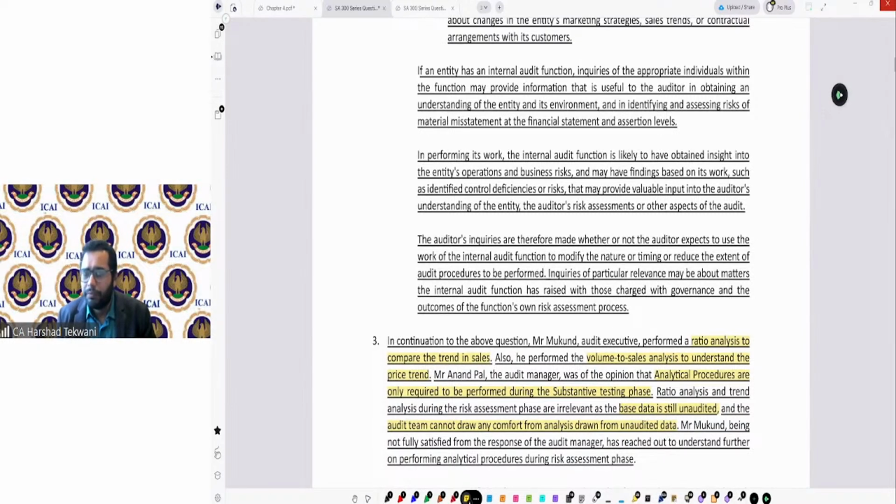What else, guys? Why do you think analytical procedures are necessary during the risk assessment procedures? If they are not necessary, then why? Again, there could be both scenarios. On the other hand, it could be that analytical procedures are not necessary at the risk assessment phase because they will not provide any comfort as the base data is unaudited, or there is another risk with respect to that.